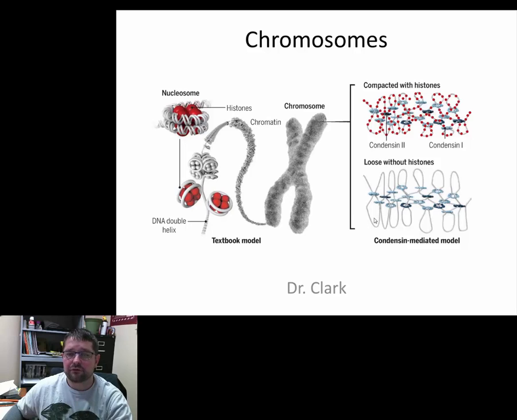It's a little bit looser, a little bit different in shape, but for the most part, regardless of the histones, regardless of the proteins, DNA is folding and condensing into these tightly packed chromatin molecules, which we call chromosomes, which is really cool, because we always thought histones were the secret, but there's got to be something else going on, because without histones, they still condense. We'll come back to this.